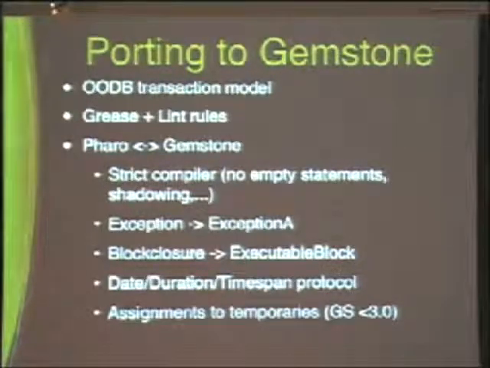And the one thing we hit was one particular missing thing in the current version of Gemstone: assignment to temporaries, because if you have two AJAX callbacks, often the trick is to assign a value to a temporary variable and then use it in another callback. The problem is that doesn't work in Gemstone currently. What you have to do is put a value holder, put an object, and change the object inside.